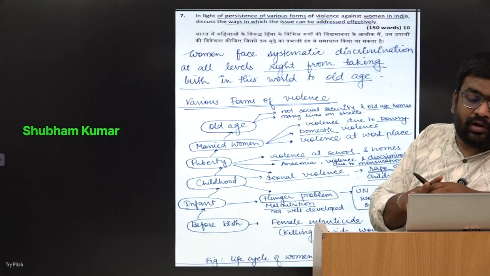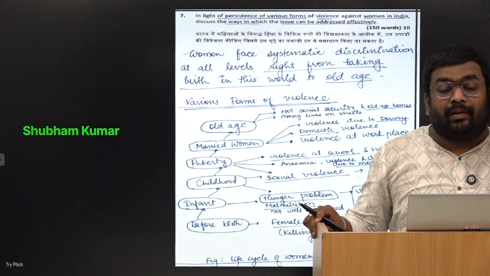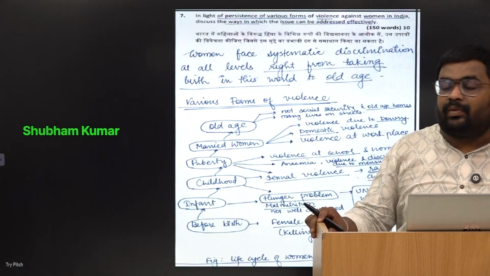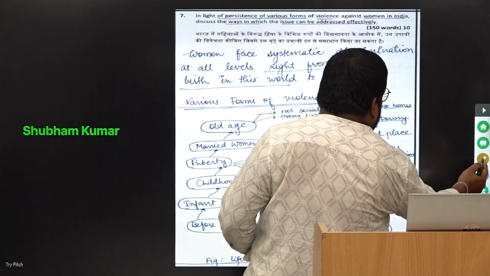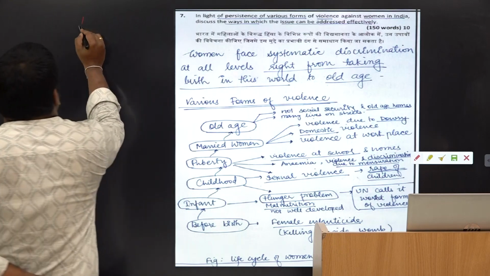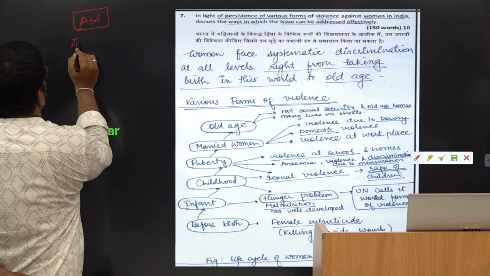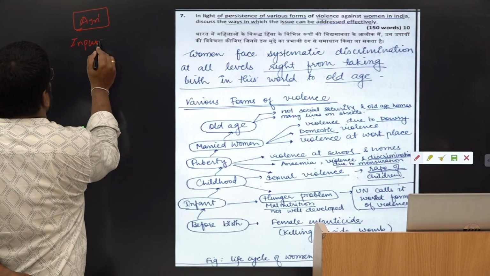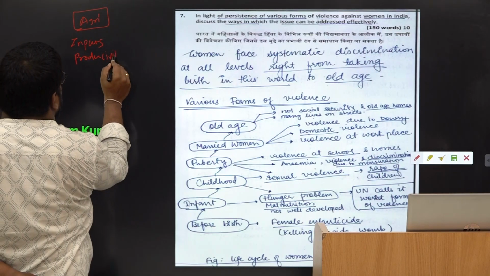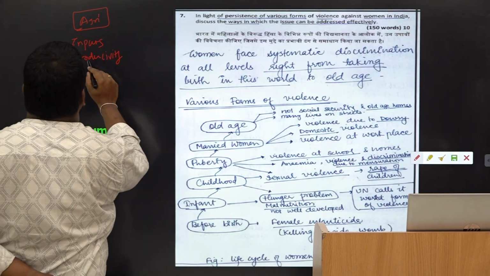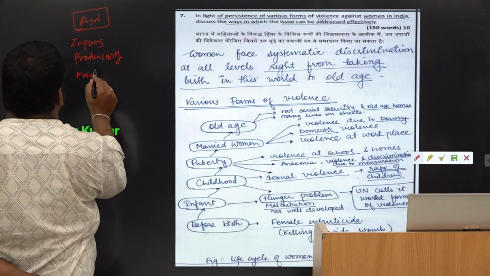This is what I call the use of the presentation whenever you are using the temporal approach. Okay, so basically in temporal approach you use it in agriculture, where you generate the points based upon agriculture inputs, productivity, then marketing.